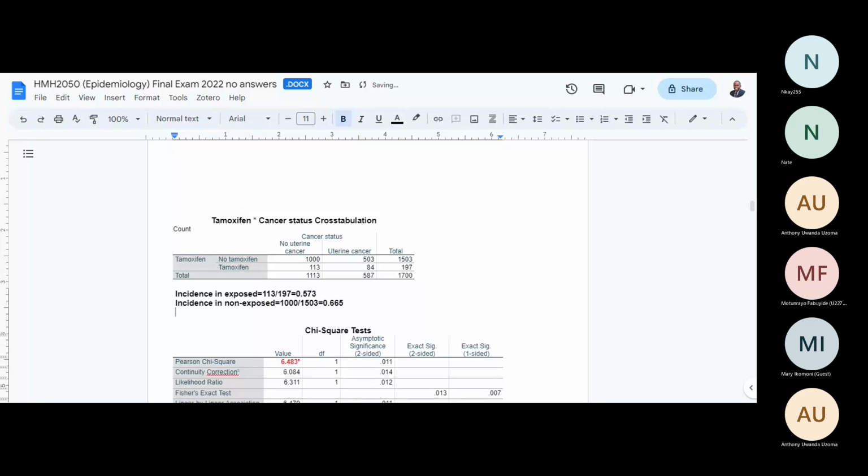Then our relative risk will be exposed over non-exposed.